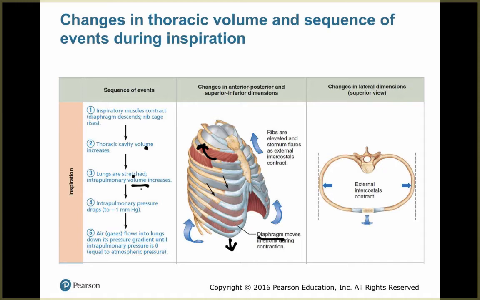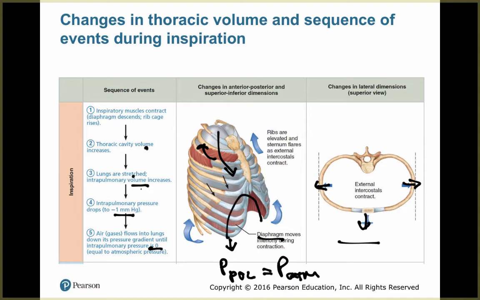Because that volume increases, the pressure falls. And then gas is going to flow into the lungs until the P-pul equals P-ATM, right? And you can see here, with the change in the diameter, you're going to get the pull from the ribs to increase this rib cage around here. And then you increase at the bottom with the diaphragm. Instead of being like this, it flattens out.